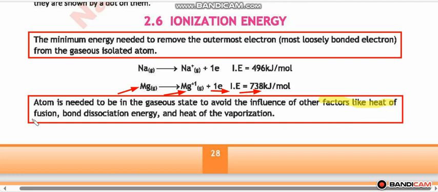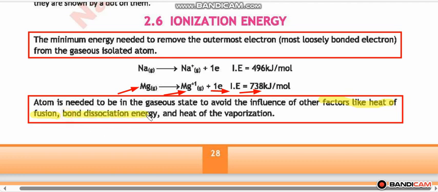The first factor is heat of fusion, which means the heat that is required to melt a substance. So if we don't have an atom in gaseous state, and instead it is in the solid state, then the heat which we gave to that element will be utilized in fusion.